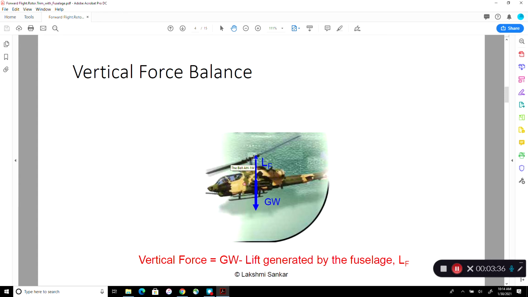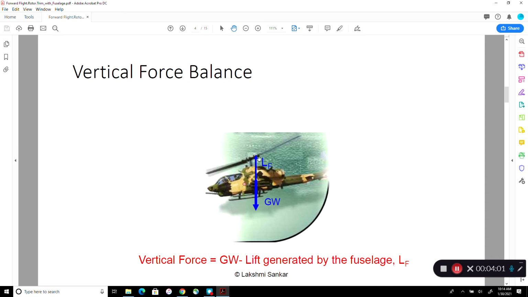Sometimes you have a small sub-wing underneath the fuselage, which is used to carry extra fuel tanks, munitions, radar, electronic equipment, and all those things will also be producing lift force. On the other hand, they may also produce a negative lift, downward directed lift. So whatever it is, this is the lift force, this is the gross weight.